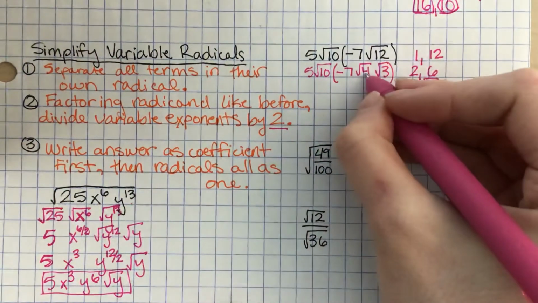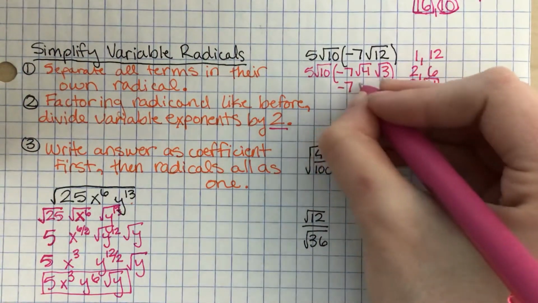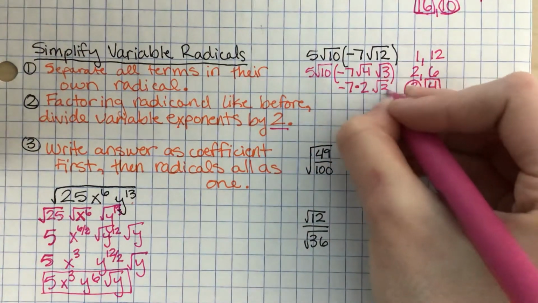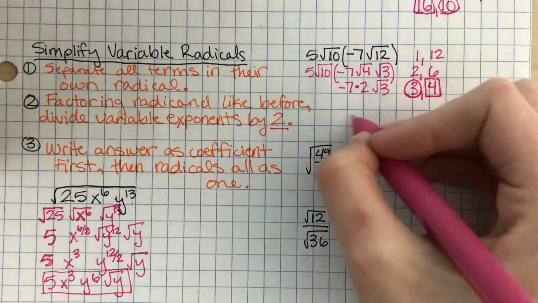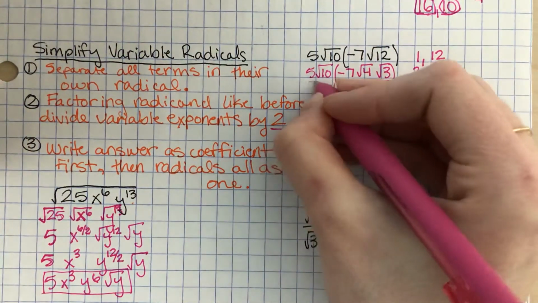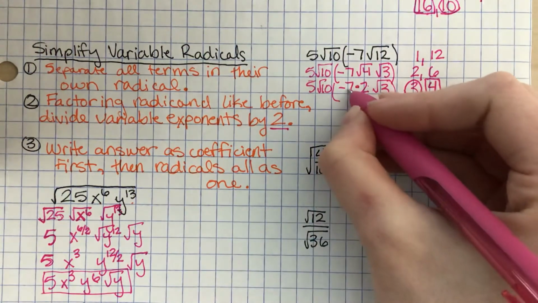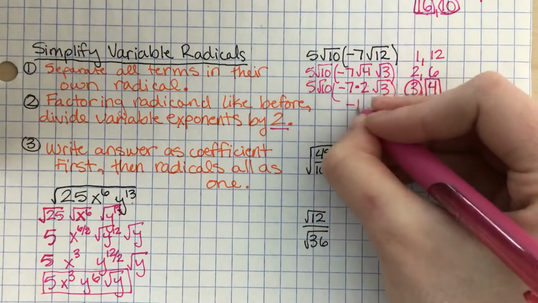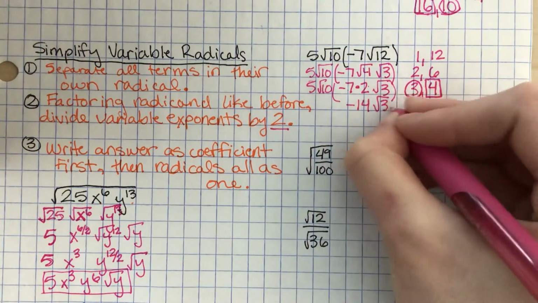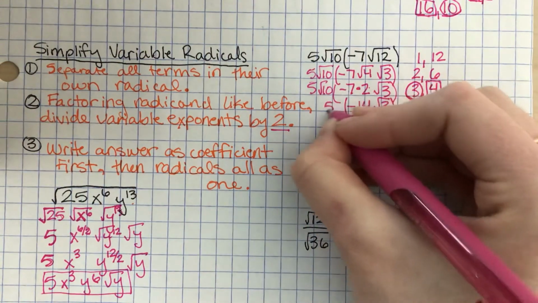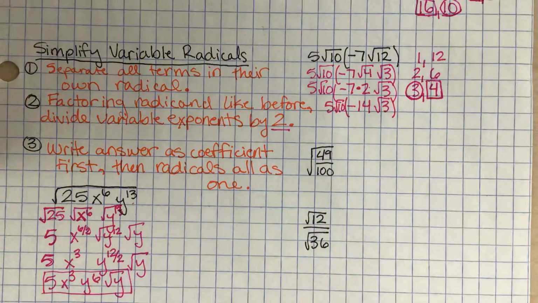Now, square root of 4 is 2. So instead of just saying square root of 4, we can simplify this a little bit farther. We still have our 5 square root of 10 there. Now, -7 times 2 would give me a -14, and we still have our square root of 3 in there, and 5 square root of 10.